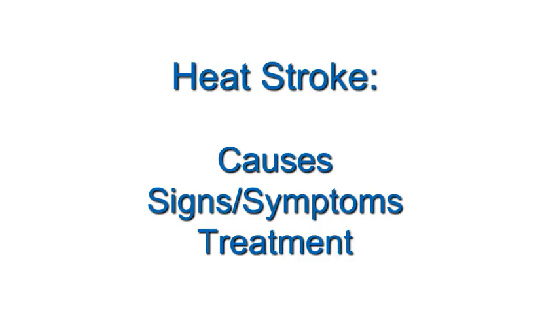This patient has to be cooled down very rapidly. We need to ensure a patent airway and prevent seizures. The mortality rate for heat stroke is very high, 80% if individuals are not treated in a timely manner.